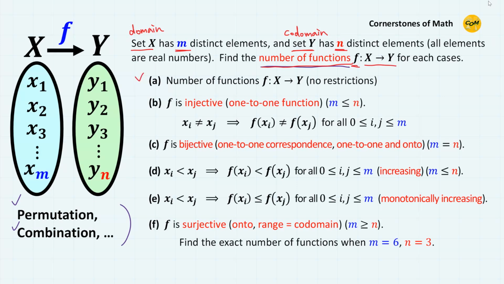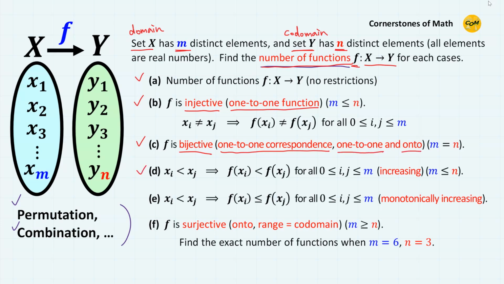For the first problem, we just have to find the number of all possible functions without any restriction. In the next problem, f is injective, also known as a one-to-one function. In the next problem, f must be bijective, also called a one-to-one correspondence, or a one-to-one and onto function.